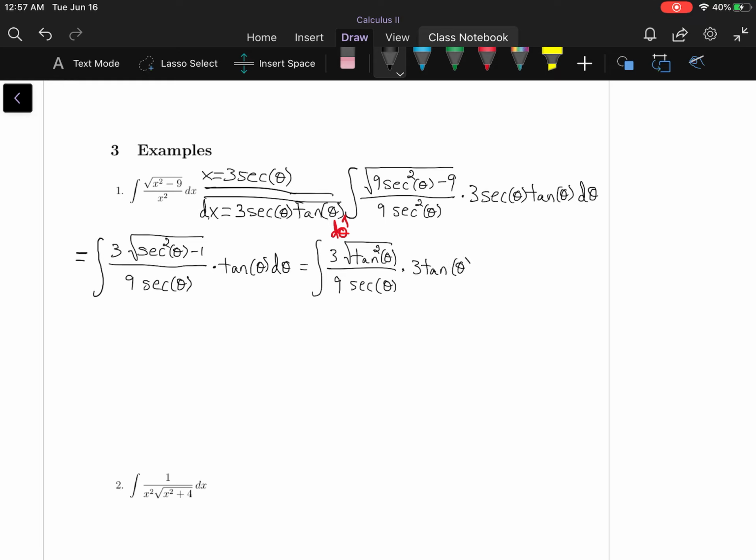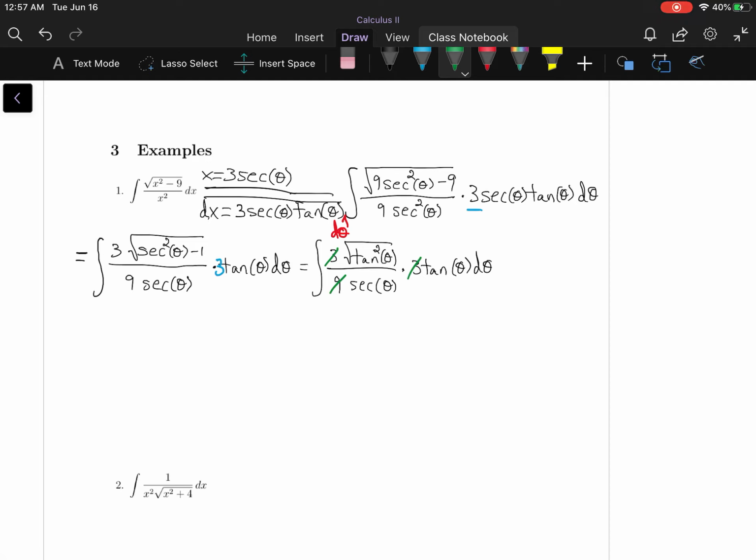I lost a 3 on the previous part. So there's a 3 here, but a 3 also came by taking the 9 out of the square root. So there should be a 3 term here. Notice that those 3's are going to become a 9 and cancel out with a 9 on the bottom, so it does simplify a little bit more.